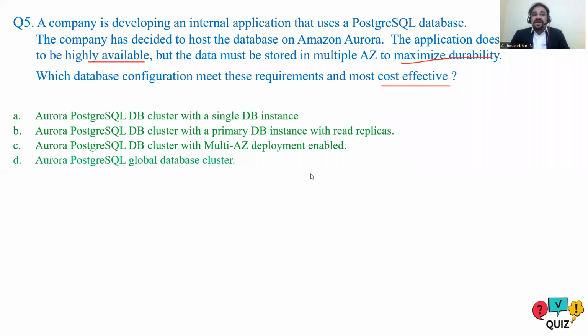So the third one, option C, is a PostgreSQL database cluster with the multi-availability zone deployment option enabled. How does this option work? The data is secured. The data is available in multiple availability zones.